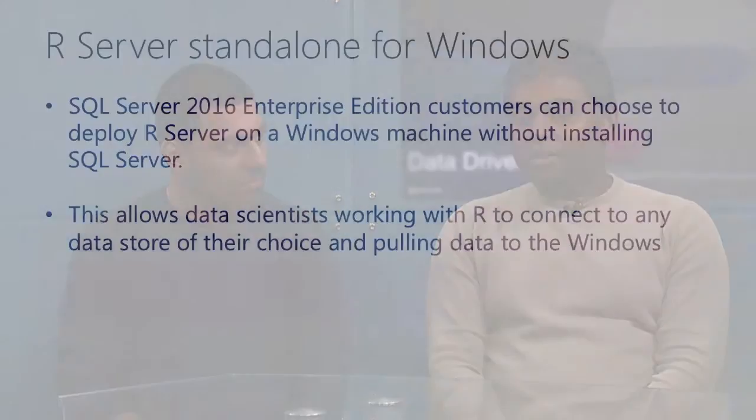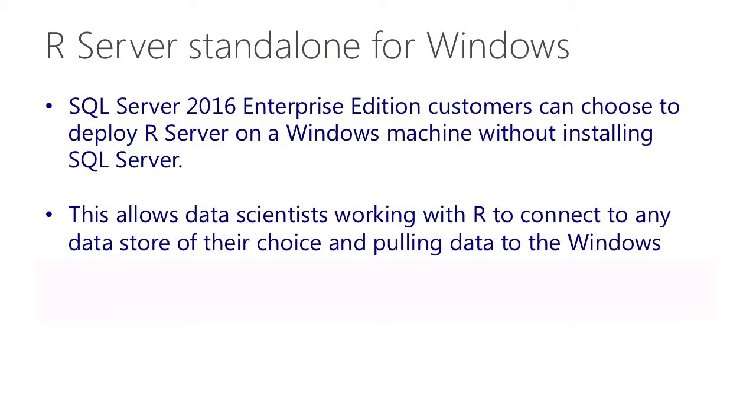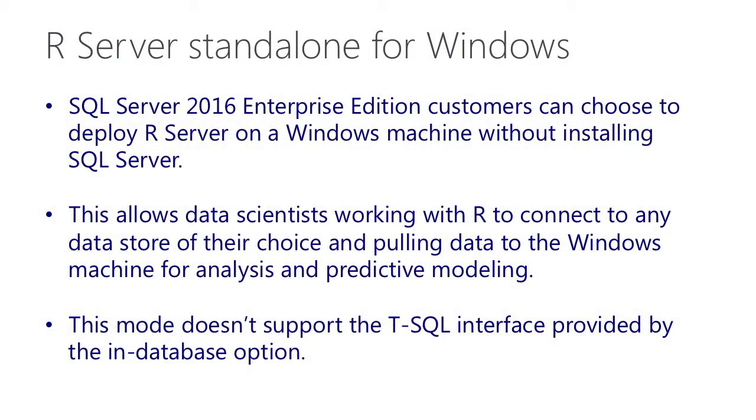The nice thing about this is that it addresses a scenario where you have a server and the data scientist's laptop is not powerful enough, so you can use the server to do your job, and you don't need SQL Server in that case. Definitely great to have this option for data scientists to analyze big data on a standalone, separate Windows server without necessarily having SQL Server on the machine. That would be really useful.